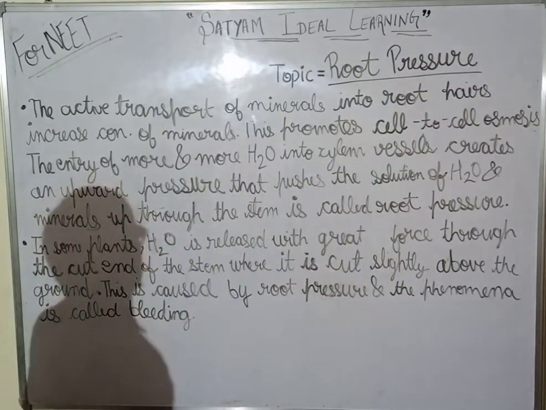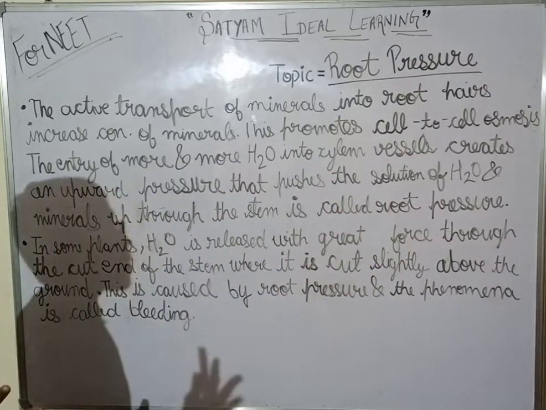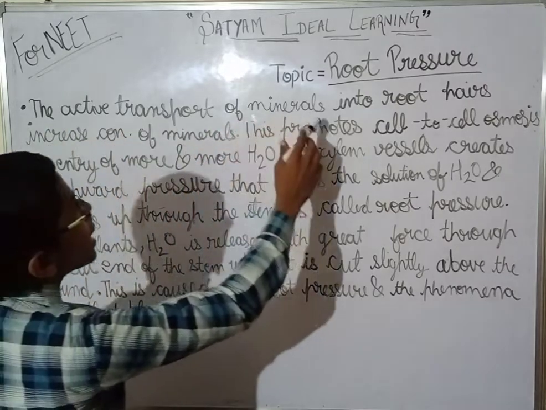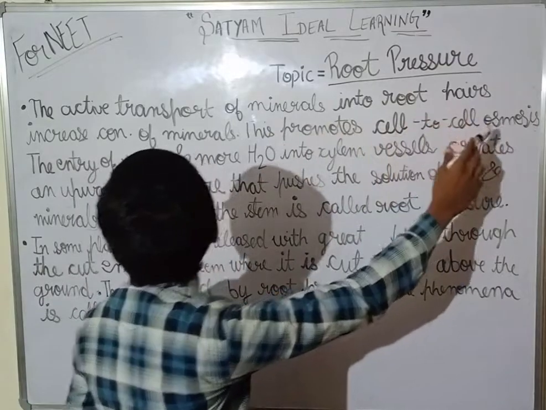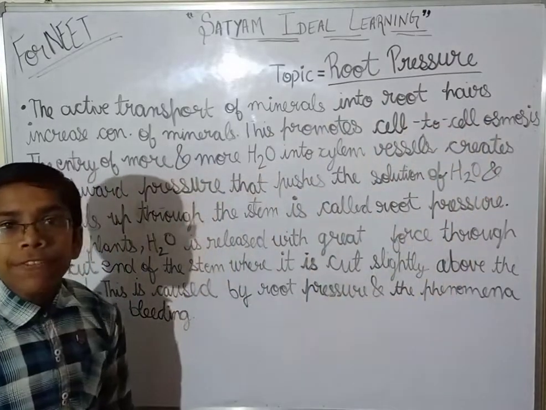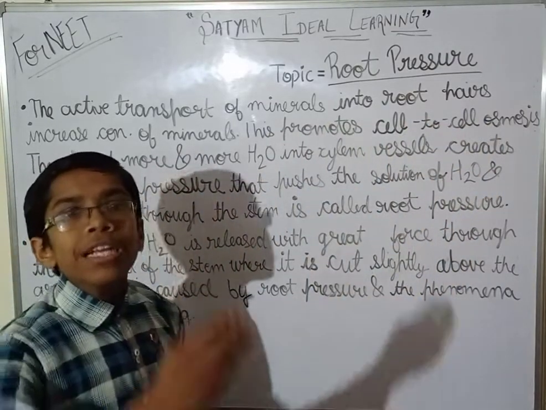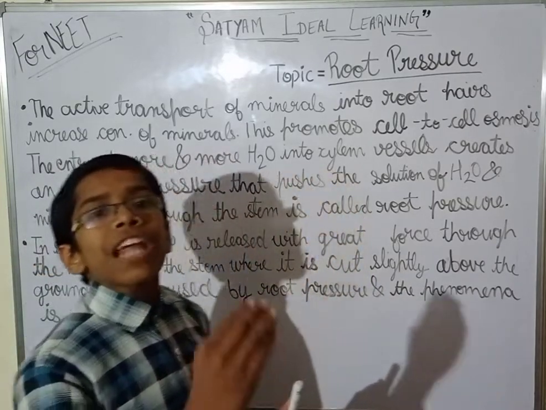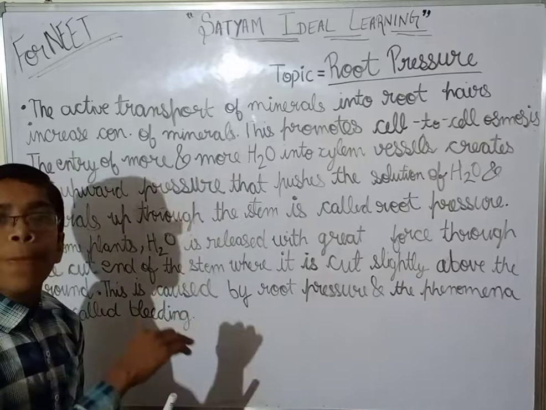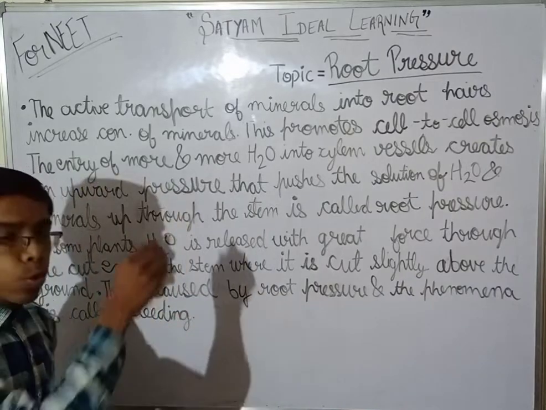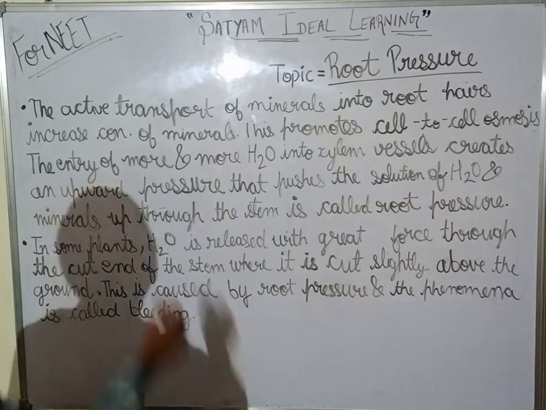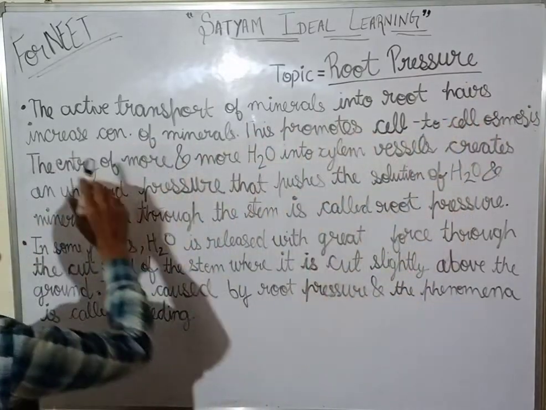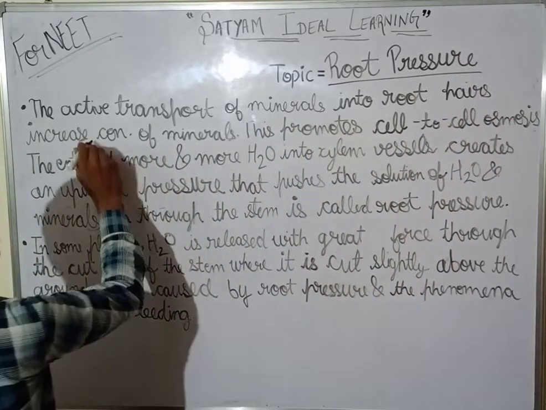Now see how root pressure occurs. The active transport of minerals into root hairs. You know what active transport is? Carrier proteins take minerals from the soil and transport them to the cytoplasm of the root hairs. So the active transport of minerals into the root hairs increases the concentration of minerals.